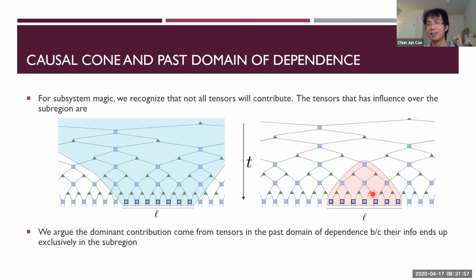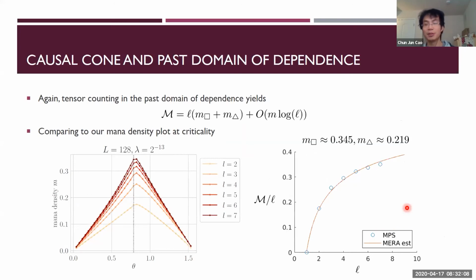So you can safely argue that all of the magic contained in these tensors is preserved in this subsystem. And you can similarly just count the number of tensors in the subsystem, and you get something that looks very similar to the total system magic. Instead now it scales as L.